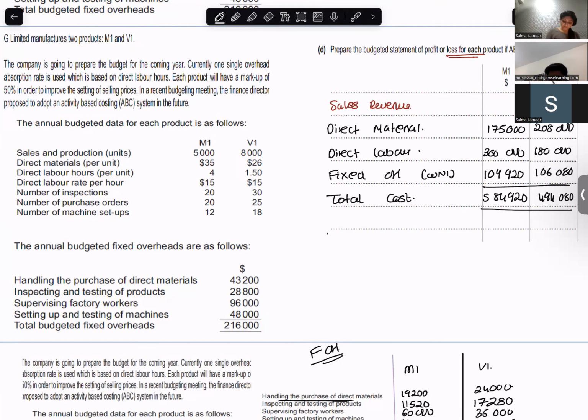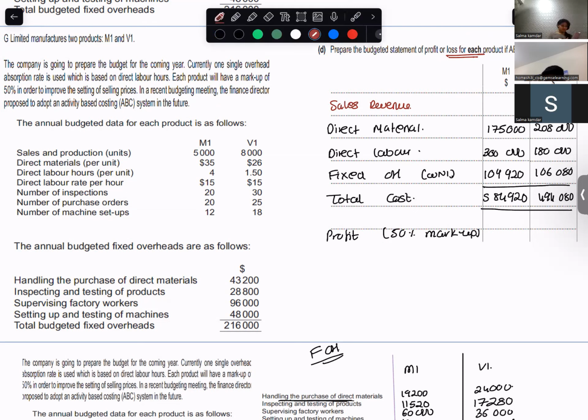Now profit. It is 50% markup, that means 50% on cost, so 292,460.